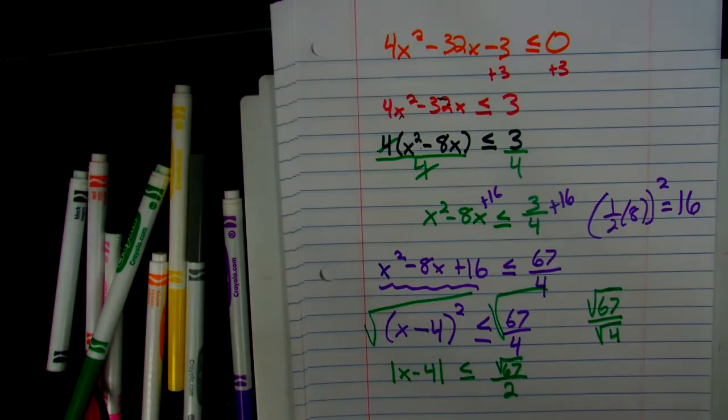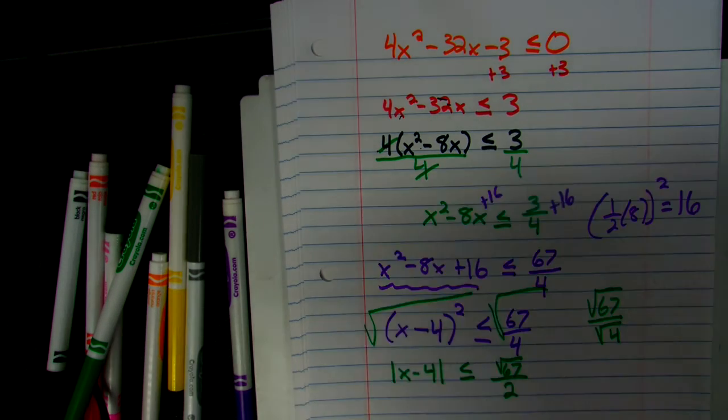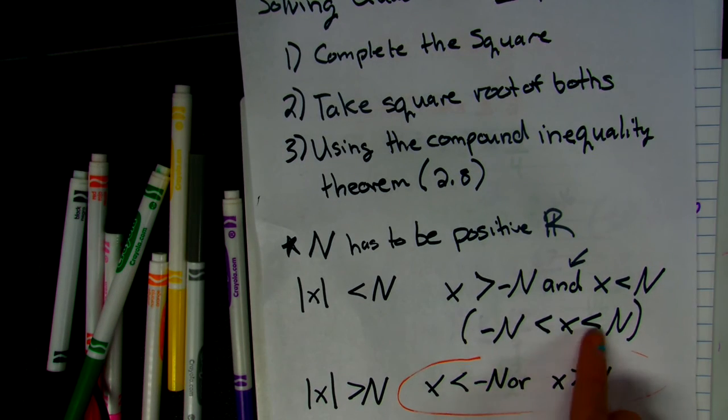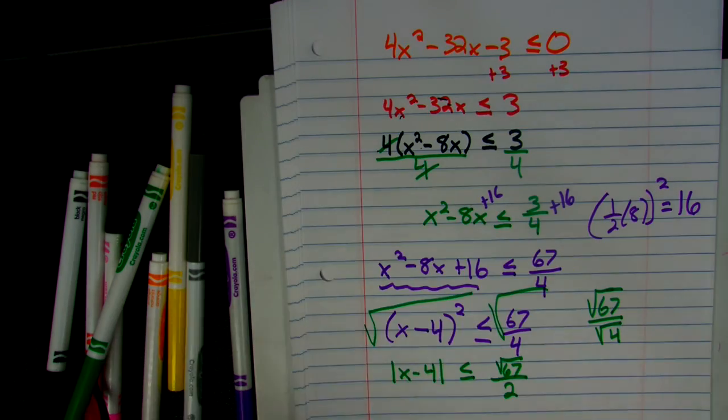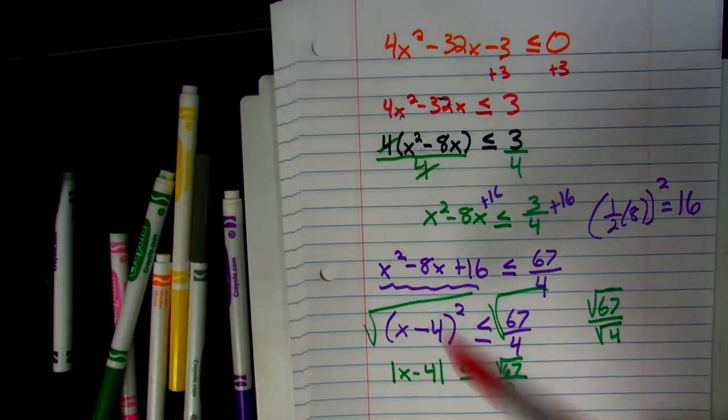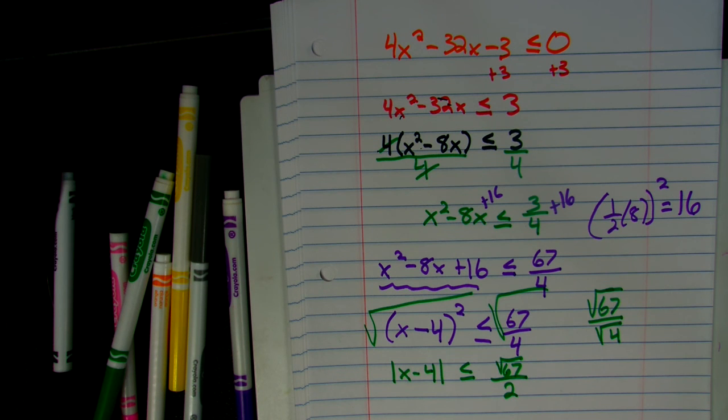So we'll write that. I'm actually going to go ahead and write it as one. So I'm going to do opposite of n, less than what's inside my absolute value symbol, which is less than n. Okay? Except for, remember, we're using less than or equal to. So again, you start with the opposite of n.